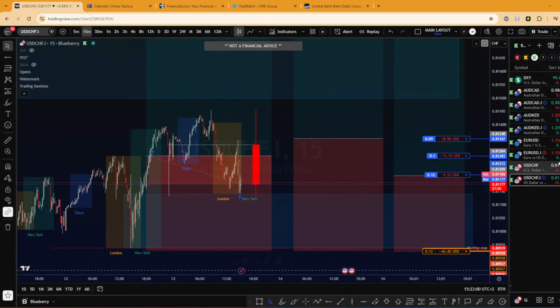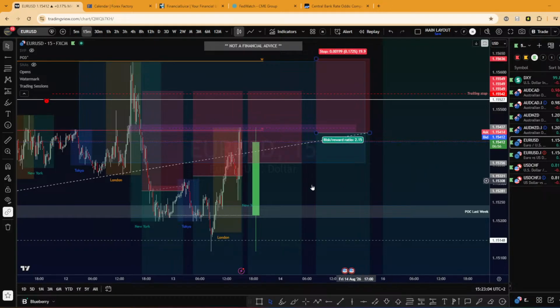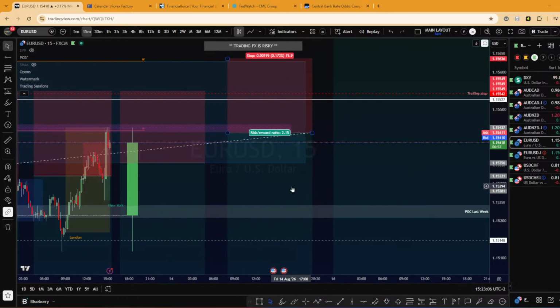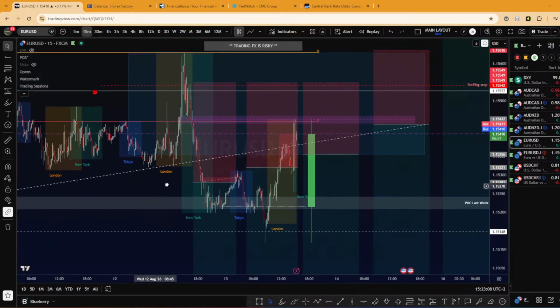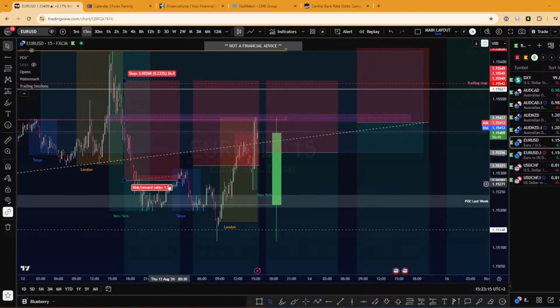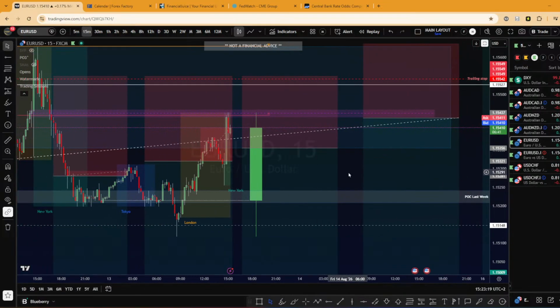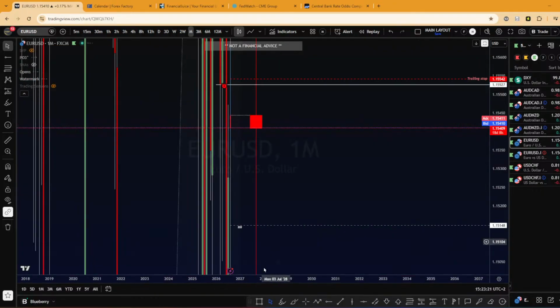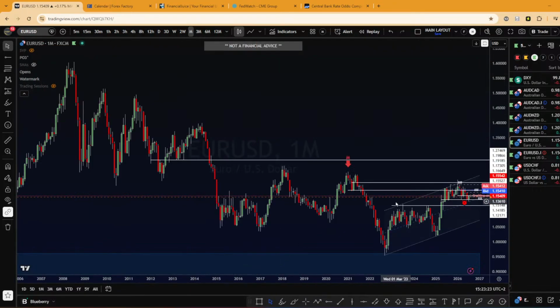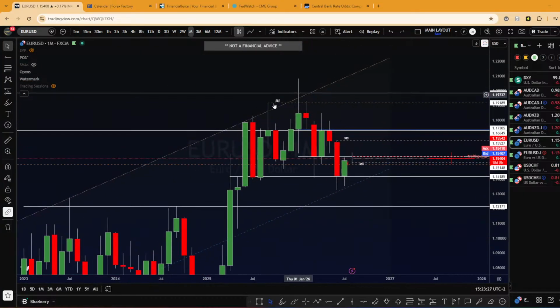This is one I'm looking at: EURUSD. So EURUSD, this is crazy. On the monthly time frame, we are overbought.